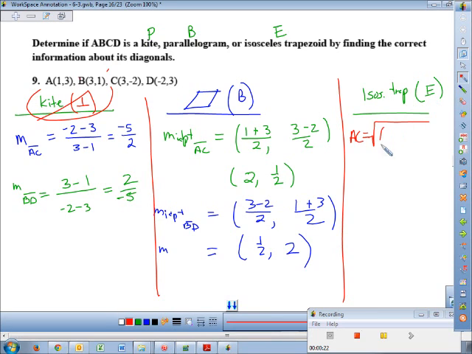It's going to be 3 minus 1. No it's not. Highlight them. A and C. Yeah, 3 minus 1, my bad. Squared plus negative 2 minus 3 squared. We good with my setup there?